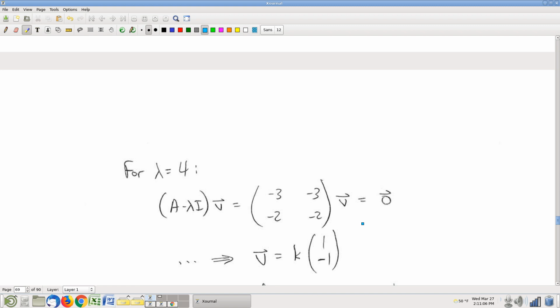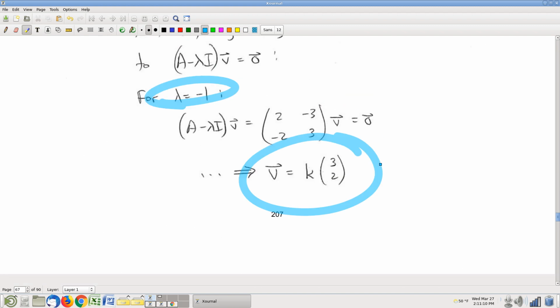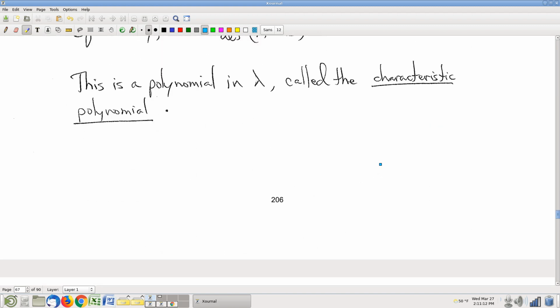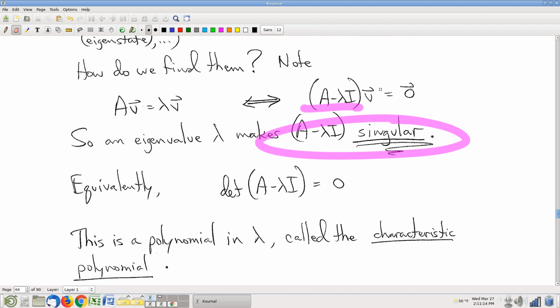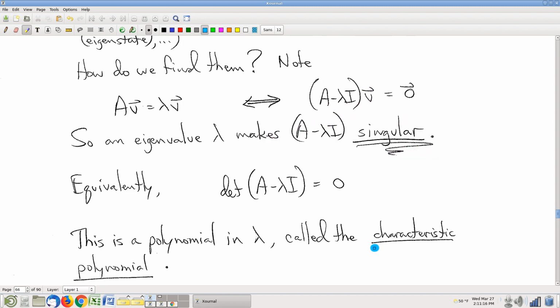Okay, now I want to make an observation that I kind of glossed past earlier, and that is this choice of terminology. We call this the characteristic polynomial. It raises an eyebrow, if you think about it. Didn't we already use that word?